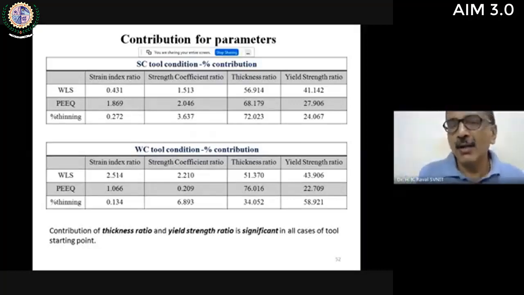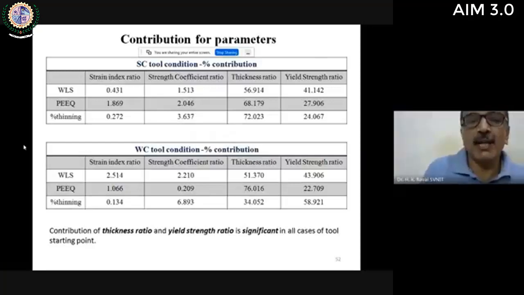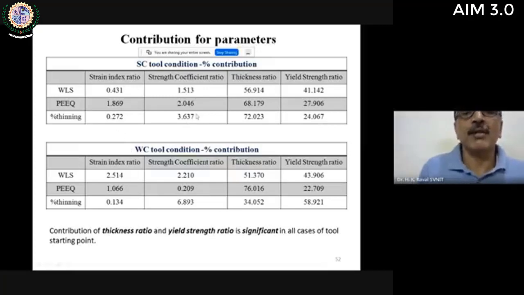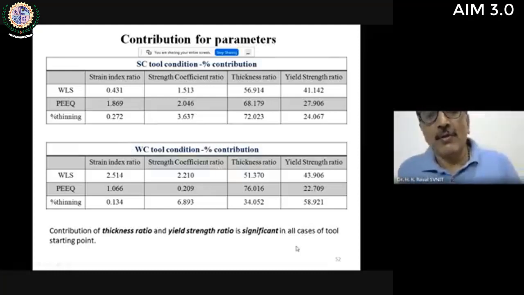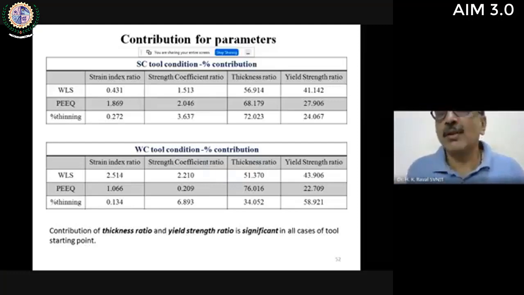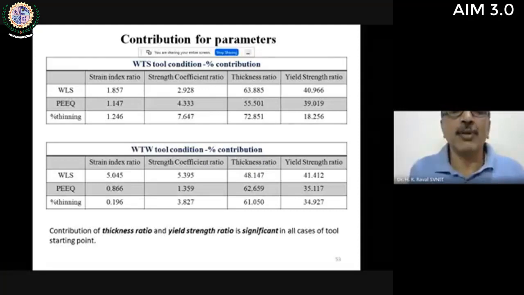Out of the four parameters investigated, strain index, strain coefficient, thickness ratio, and yield strength ratio, the thickness ratio is highly contributing to the weld line shift, and the yield strength ratio is also significant, compared to the strain index and the strain coefficient, which are not much significant. So if you want minimum weld line shift, you must control the thickness ratio and the yield strength ratio. Similar is the finding for WTS and WTW also, weld too strong and weld too weak.